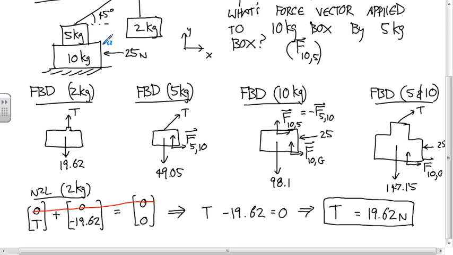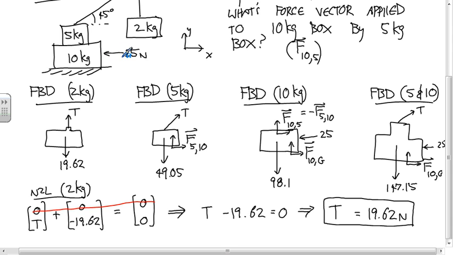Then obviously, intuitively, it doesn't matter whether you're applying 25. If you're just trying to figure out the force that's applied to the 5 kilogram box, it doesn't matter whether someone's pushing on that piece of concrete or not. So in this one, that 25 Newton force doesn't affect the answer.